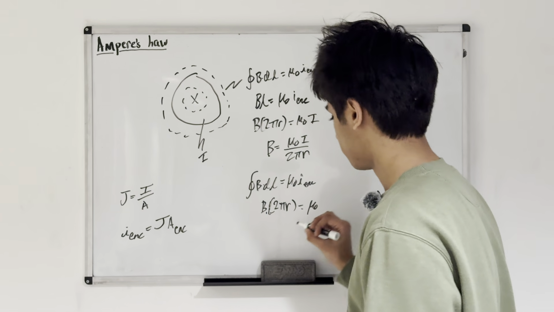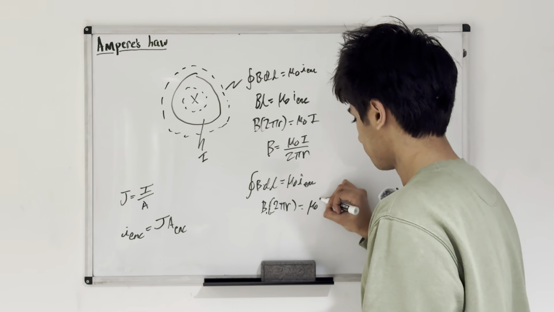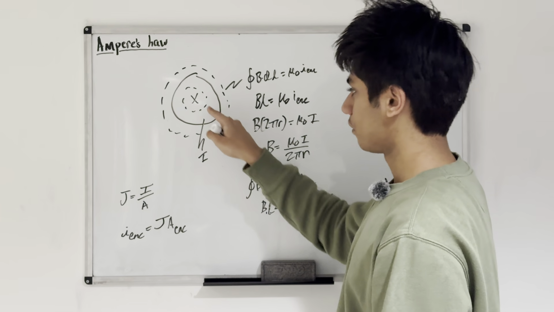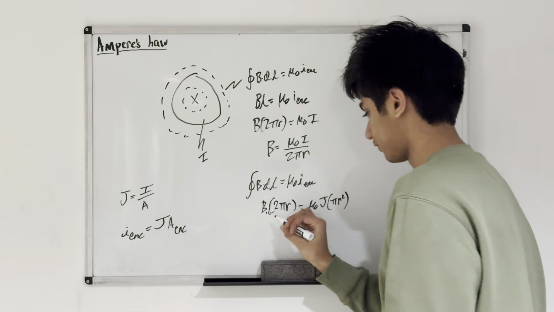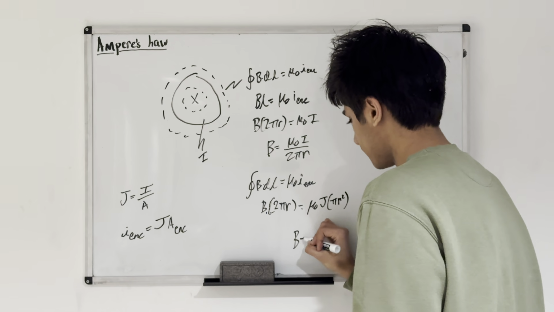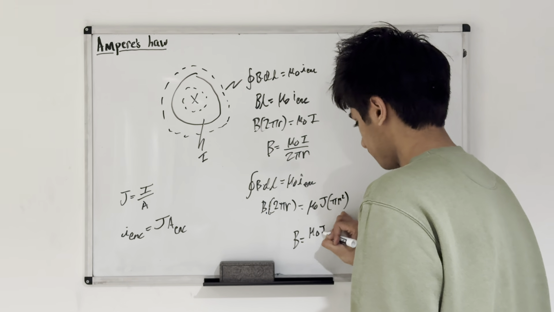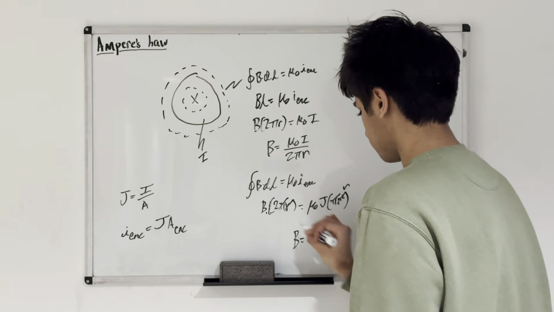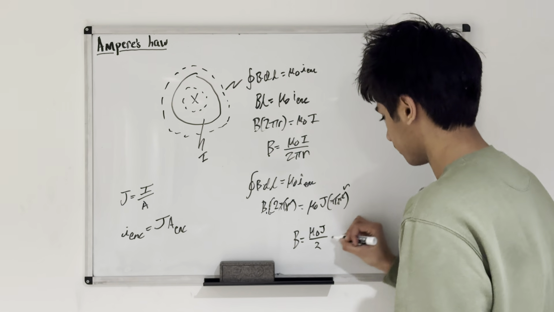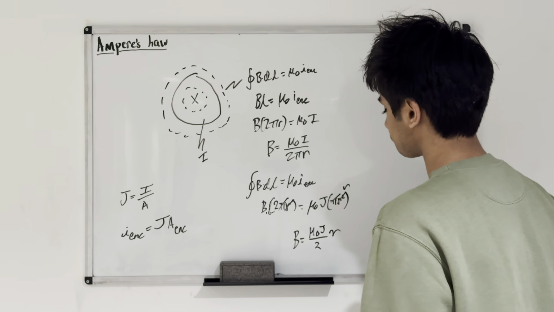And so plugging that in, we'll get J times the area enclosed, which is just the area of the circle, pi little r squared. So now we solve for B. What we end up getting is mu naught times J, the pi's cancel out, one of the r's cancels out, and we get mu naught J divided by 2 times r.